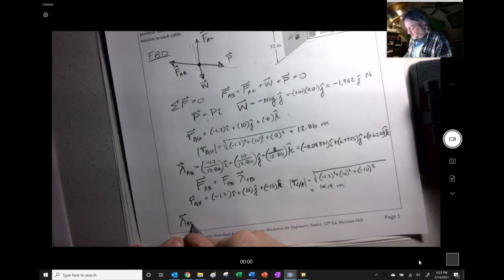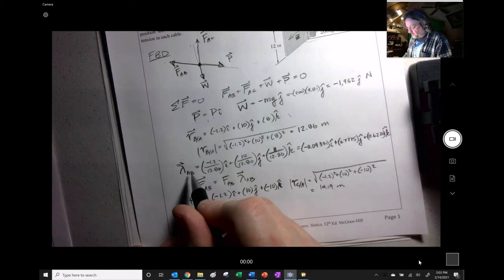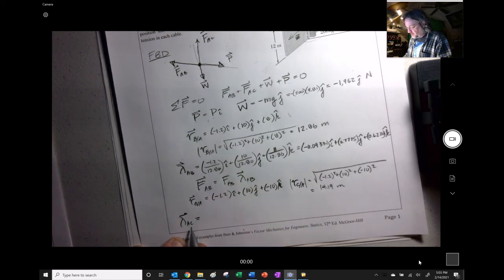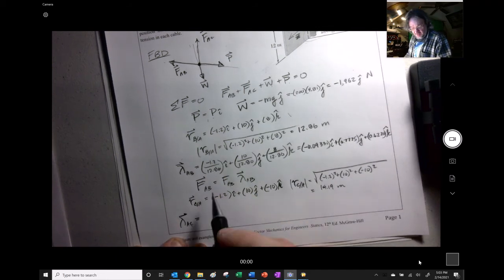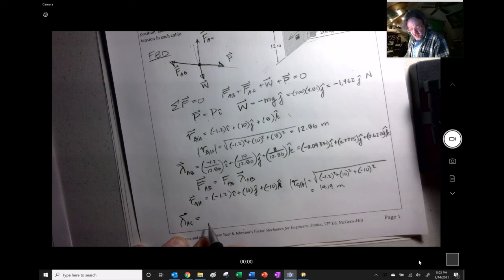So a lambda, we'll call it AC. I almost want to call it C with respect to A, which is probably more accurate. I could call that B with respect to A, and that could be C with respect to A. I'm going to see if the book does that or not.